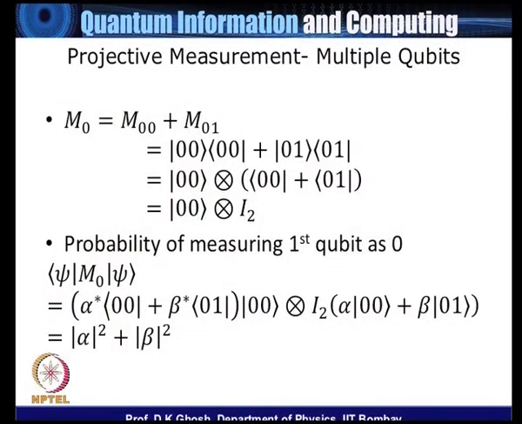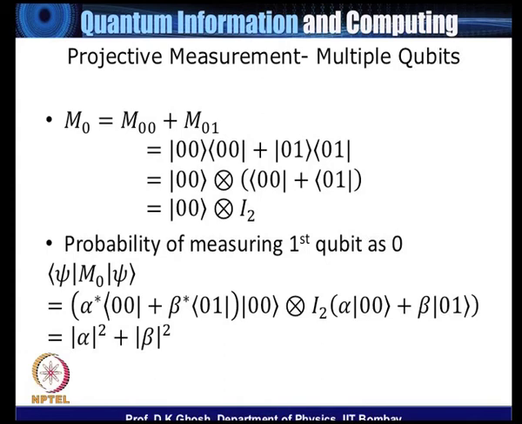So therefore, what is my probability of getting the first qubit as 0? The probability of getting my first qubit as 0, you look at what I will get, it has to be <psi|M0|psi>. Now, since the identity operator is acting on the state, let me write it down.